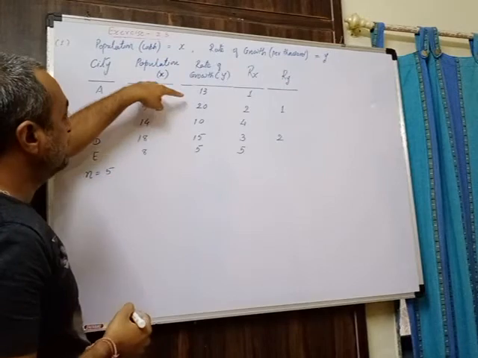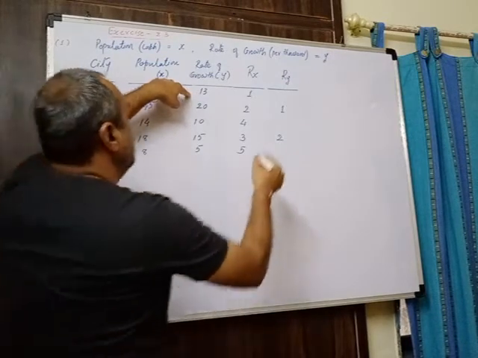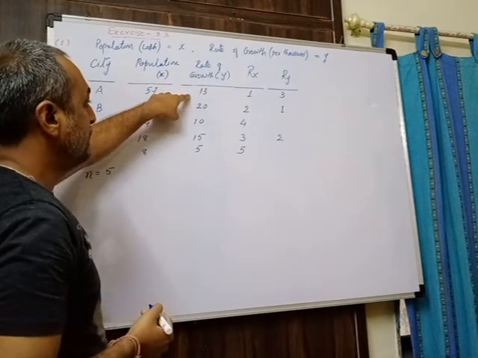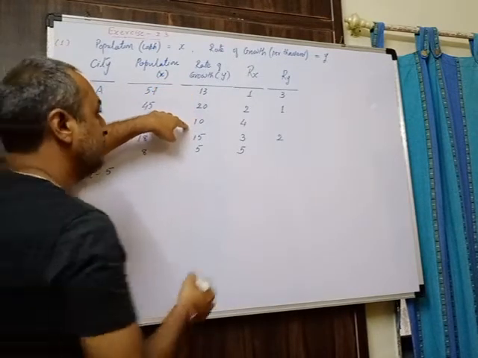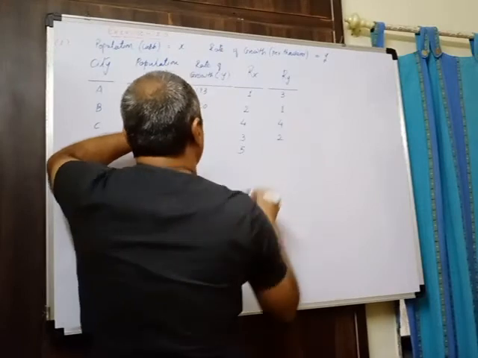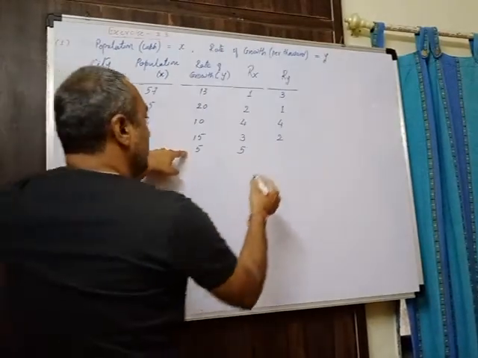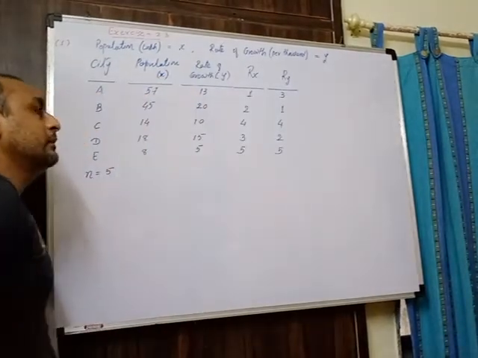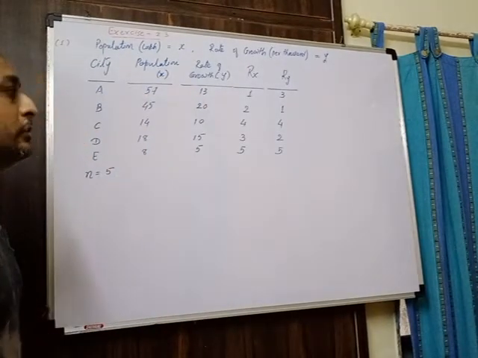After 15, the next highest value is 13, allotted third rank. After 13, the next value is 10, allotted fourth rank. And after 10, the last value is 5, allotted fifth rank. So these are the ranks we have allotted.